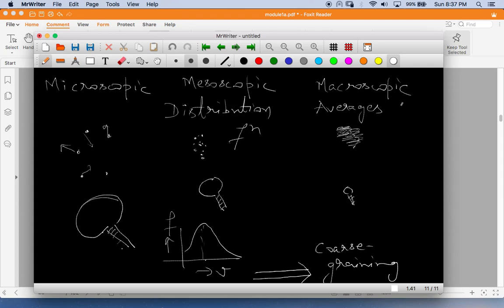And this is what's called the macroscopic, or some people call it the continuum description. Here, it makes sense, for instance, to talk about a number per centimeter cubed, or an average velocity, or things like that. Density, for instance. Here it makes no sense to talk about a number per centimeter cubed.